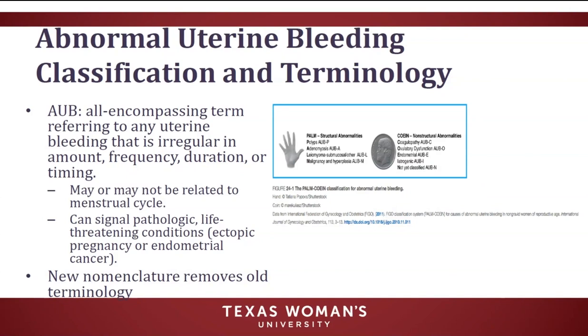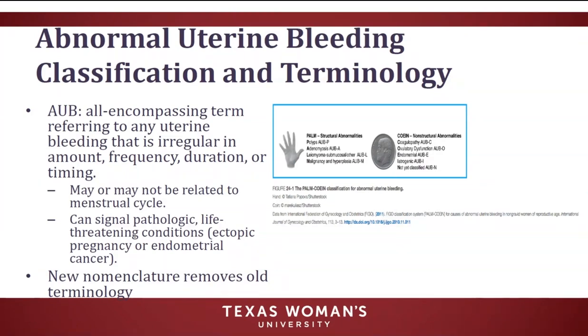The PALM-COEIN is a system, kind of an algorithm, for figuring out what is happening behind abnormal uterine bleeding. The PALM relates to structural abnormalities. If you think of the palm as a structure of your body, that may help you remember that.